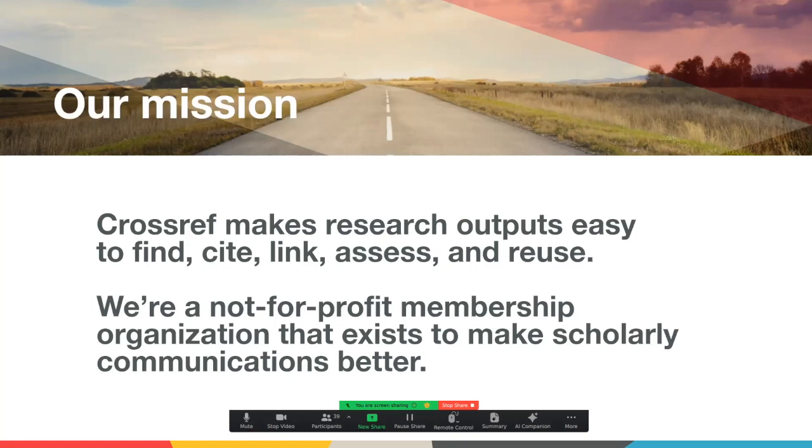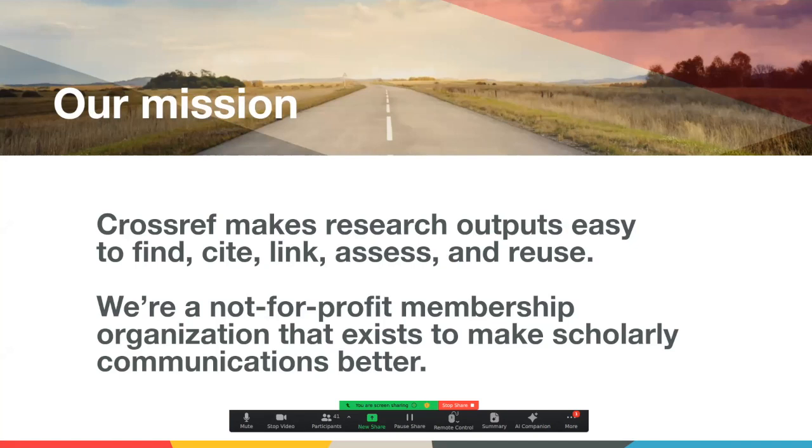So this is our mission at Crossref: to make research outputs easy to find, link, assess, and reuse. And hopefully that already points to why linking preprints and other research outputs is important to us, because it's right here in our mission. There's no mention of specific types of outputs, but we tend to focus on text outputs, so articles, books, conference papers, preprints, blogs, posters, all sorts of things.